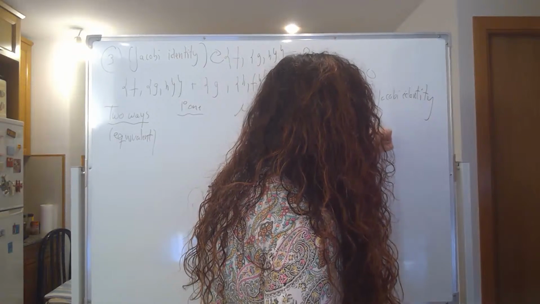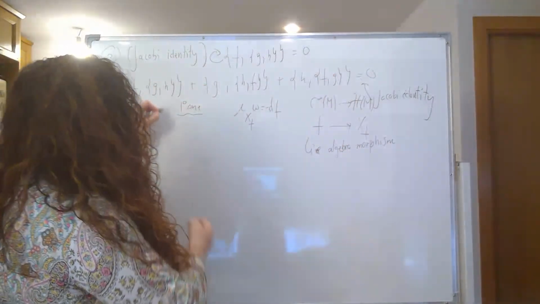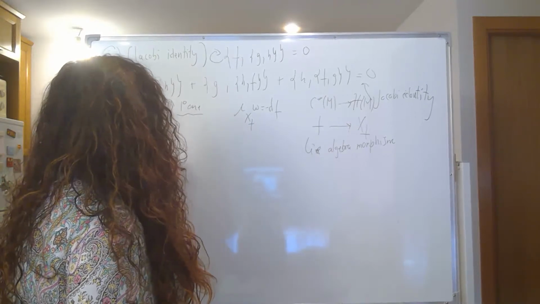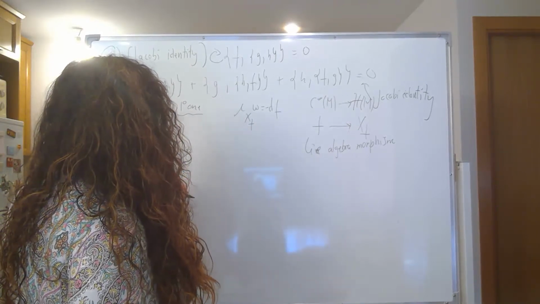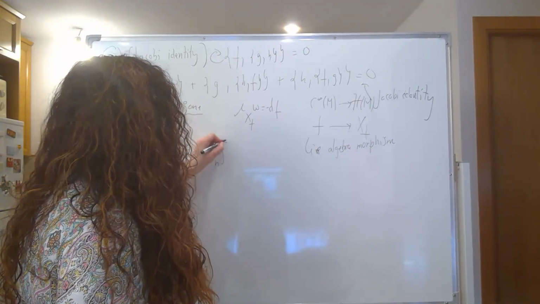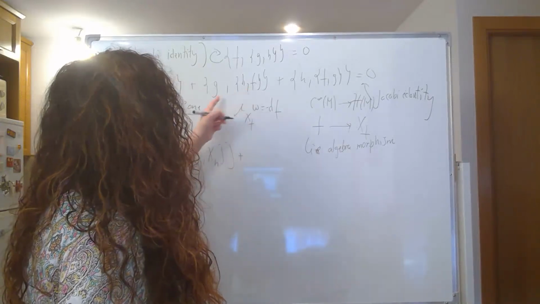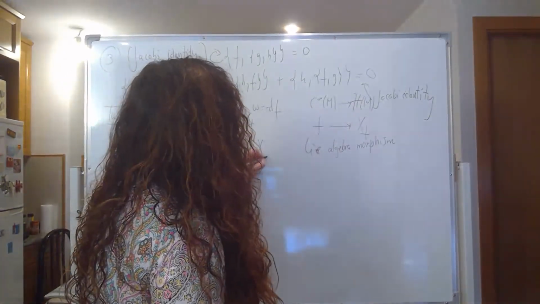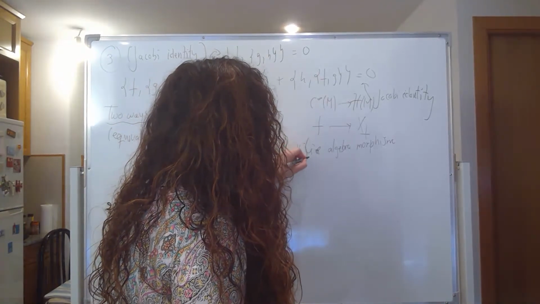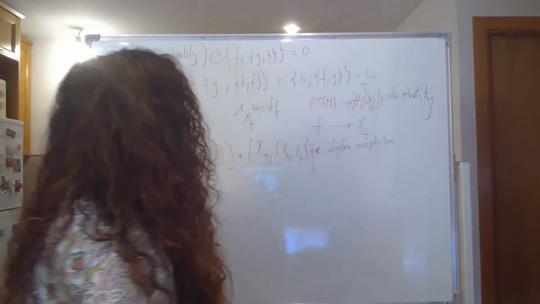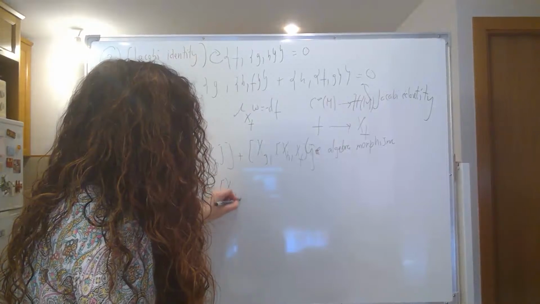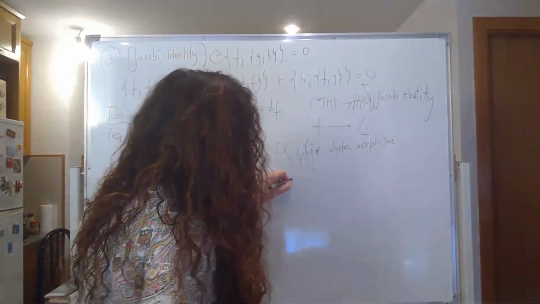If you use this way, it is equivalent to checking, and that's an exercise that I left, that you can translate everything in terms of the Lie bracket, plus then you translate X_h, X_f, X_g. That's the first approach.